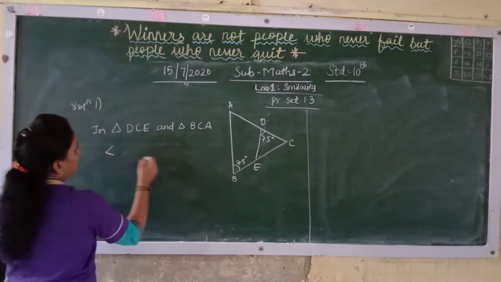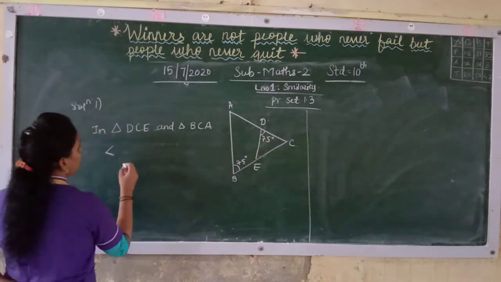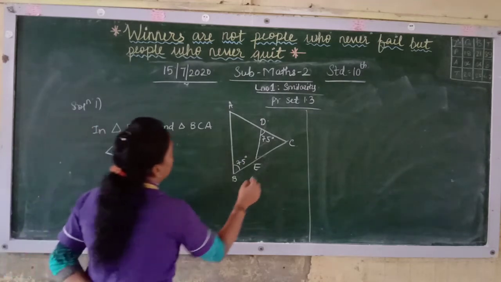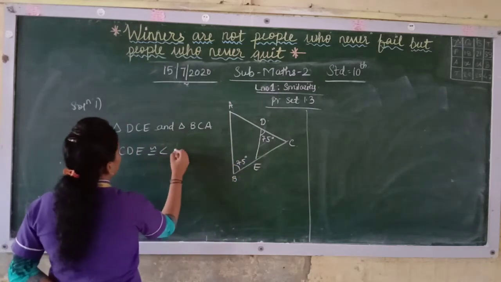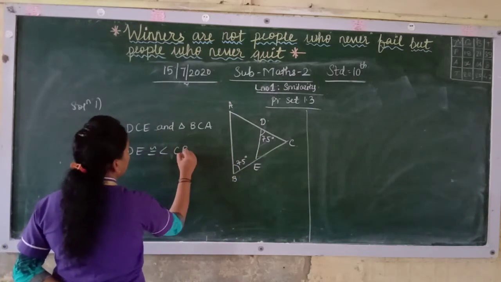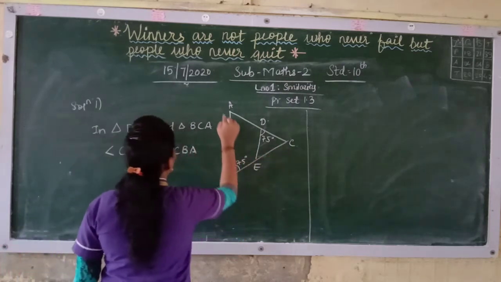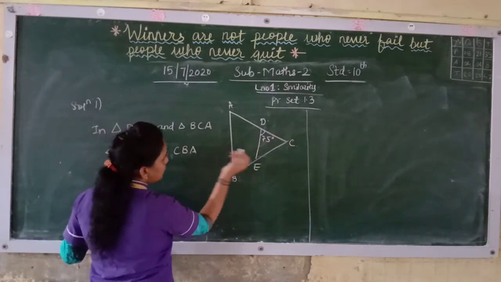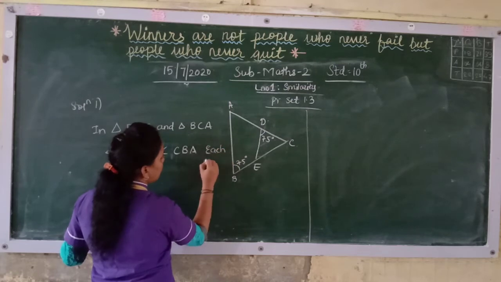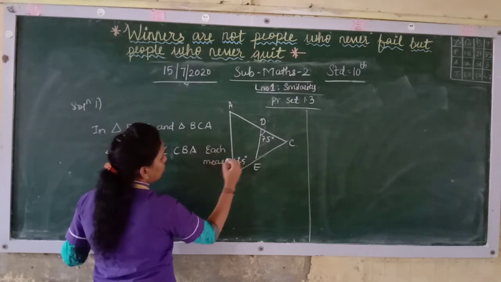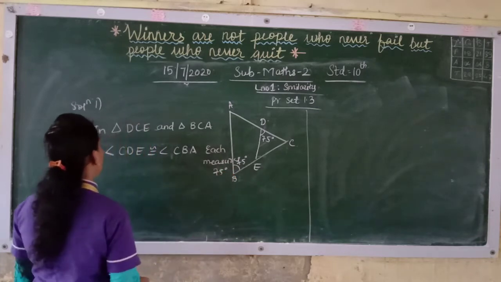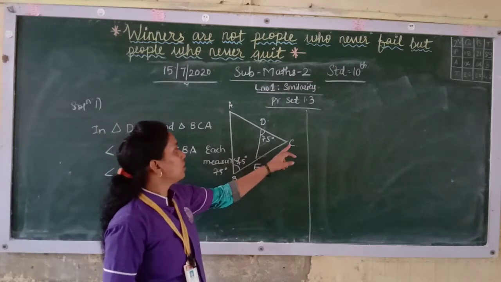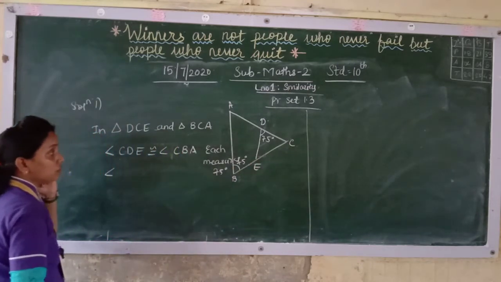In DCE, which angle is congruent? We will get angle CDE is congruent to angle CBA. It is congruent. Why? Because it is given, or you can write each measures 75 degree. Then the second one, C is common to both.